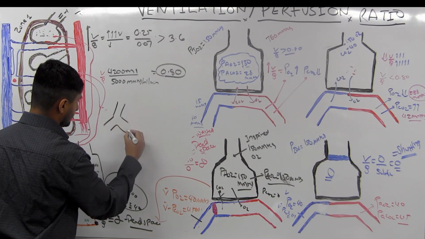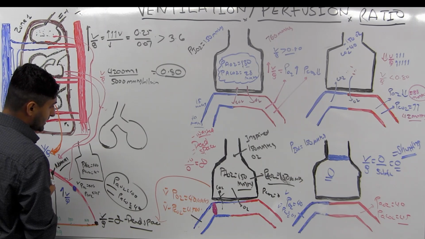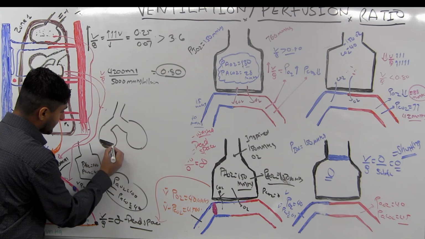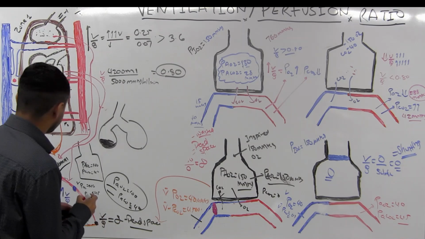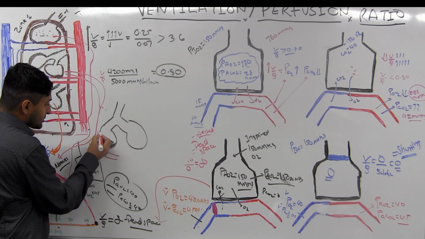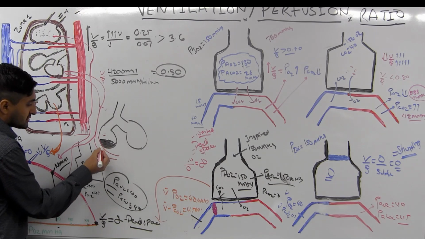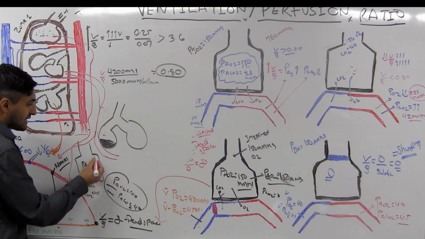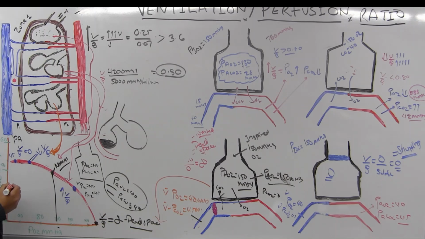Let's say this distal part of the alveoli is not working, not participating in gas exchange, but the other area is participating in gas exchange. Some of the air did participate, like down here. This is the air that did not get ventilated. That means some of the blood is going to get wasted here, right? If some of the blood gets wasted, that's going to give me a low VQ. You see what I mean?